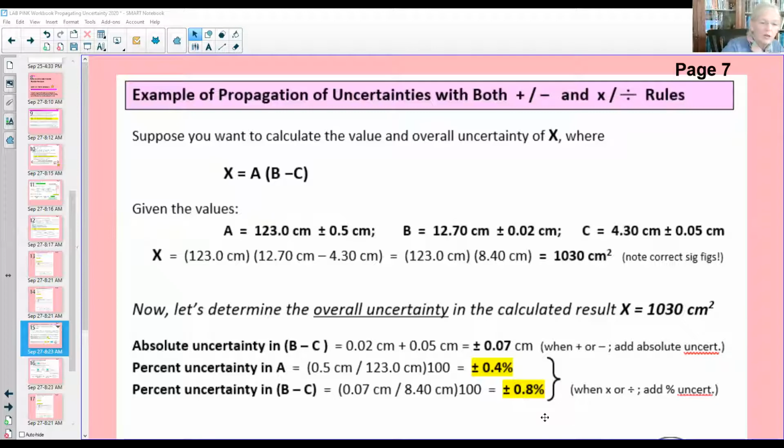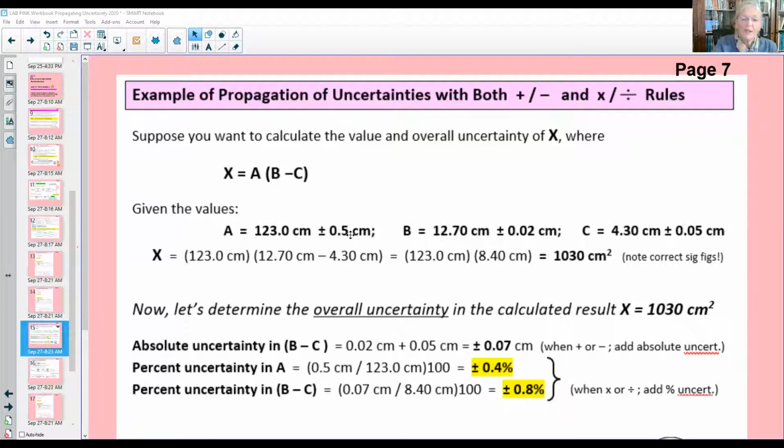So I will show you here. You have an example of dealing with data. The data is A, B, and C, but the calculation you have to do with that data is to multiply and to subtract. I'm giving you examples here of what the data A, B, and C might be.